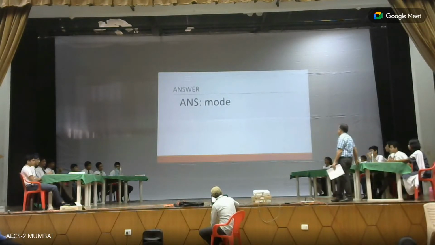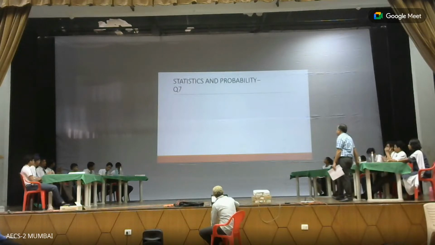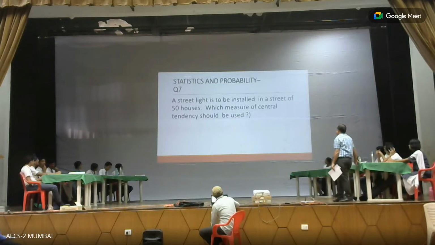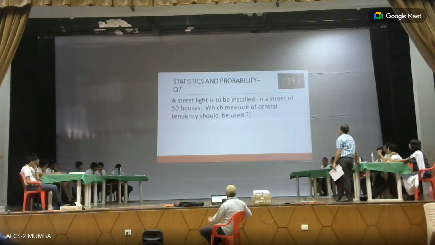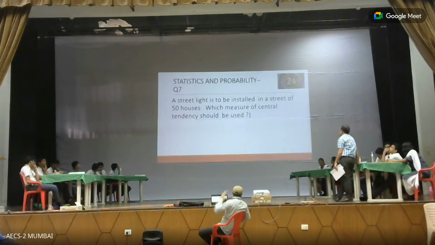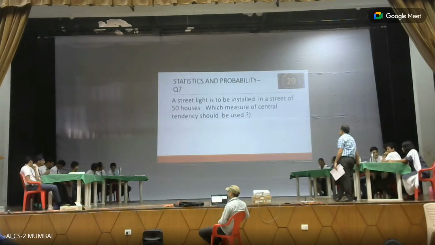Correct answer, perfect answer. Let's move towards the next question, and that goes to Team Ramanujam. A street light is to be installed in a street of 50 houses. Which measure of central tendency should be used? Time begins now.